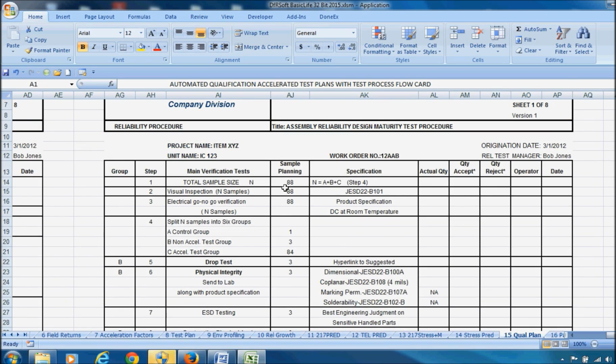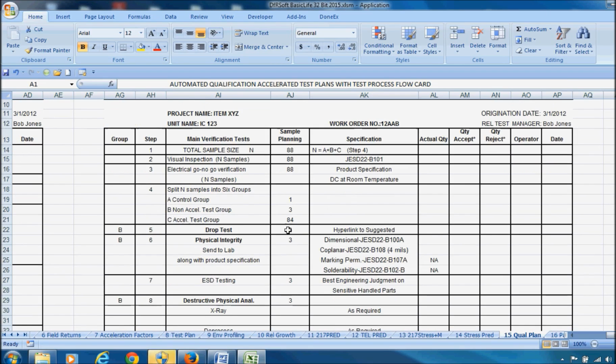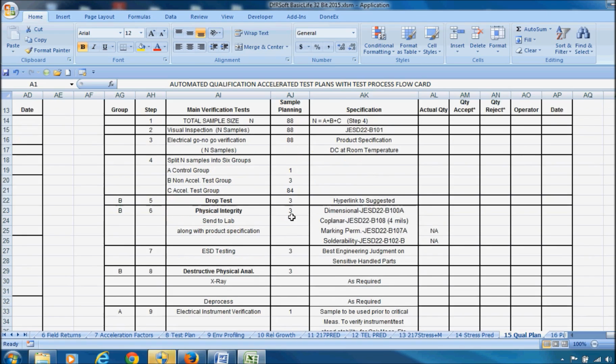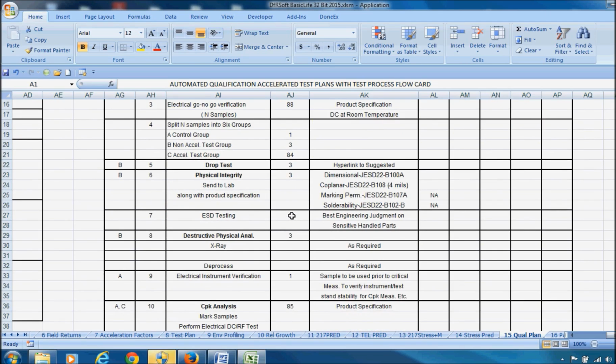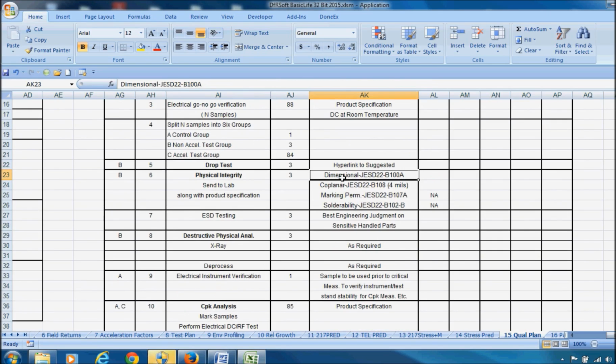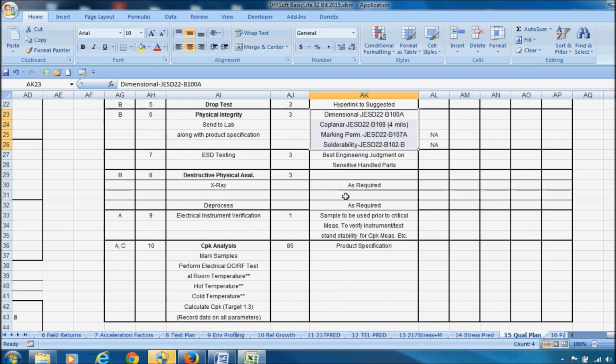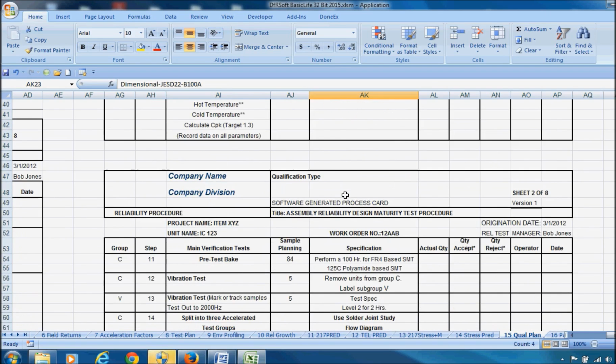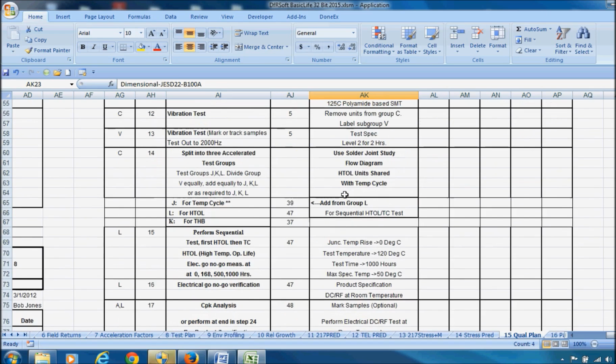It gives you the total sample size here, the control group that is requested once for that, the physical integrity test, ESD testing, destructive physical analysis, as well as it gives you the JEDEC specs or whatever spec we're using for that. Then this is the details of the test.